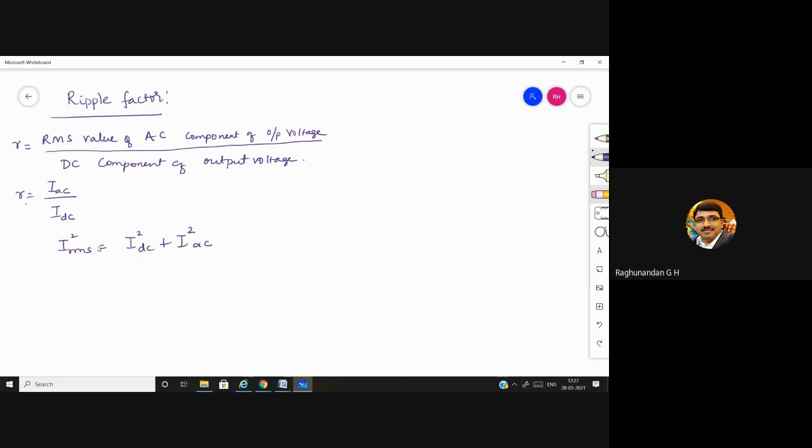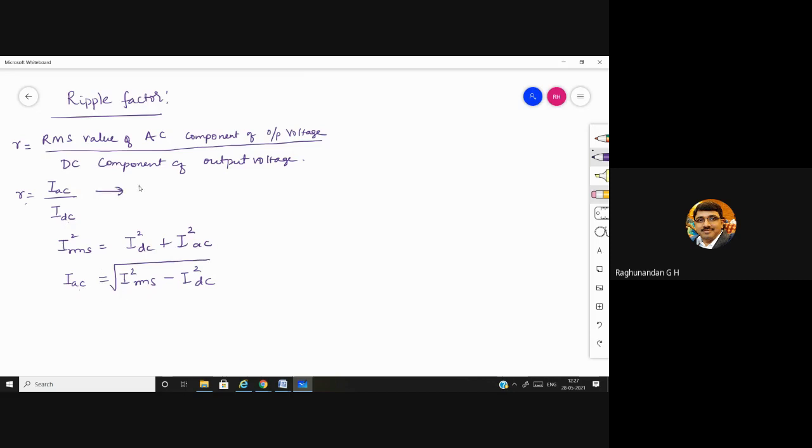Even though it is the RMS value, related to AC, it will also contain DC, because it is not separating AC and DC. So that's why even the DC component is present when you take the average. That's why IRMS square is equal to I square DC plus I square AC. But we need the IAC equation to substitute in this equation. That's why IAC is equal to the root of I square RMS minus I square DC.